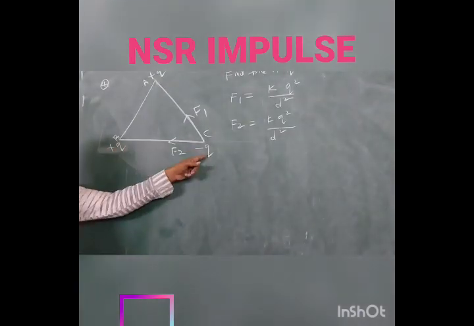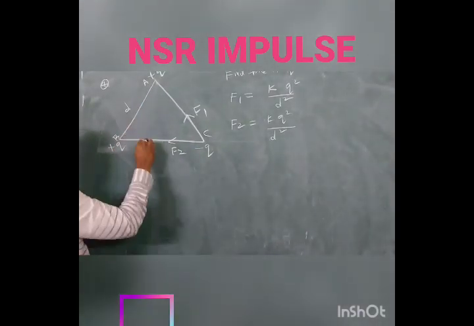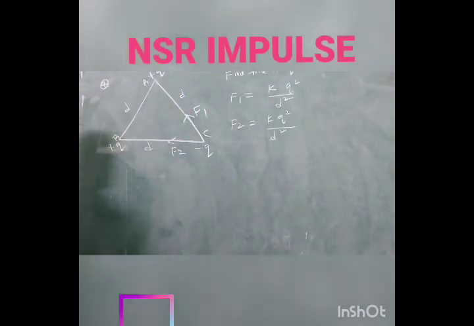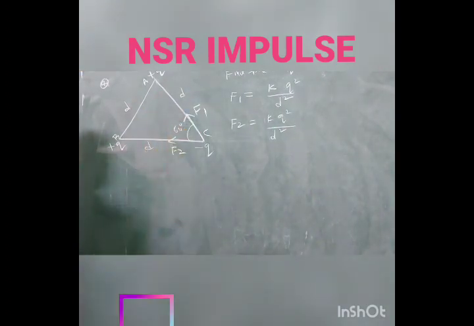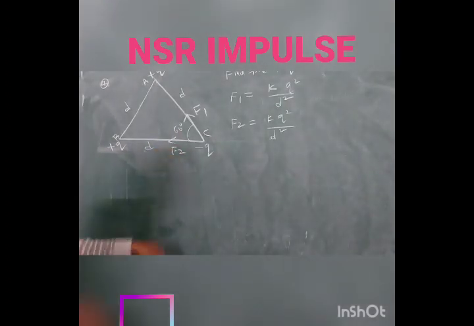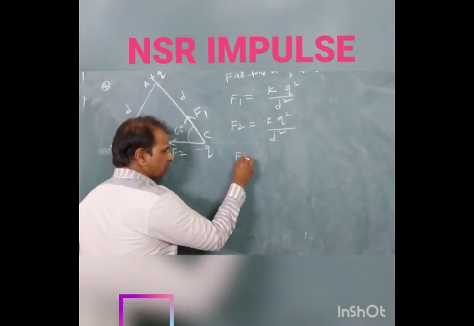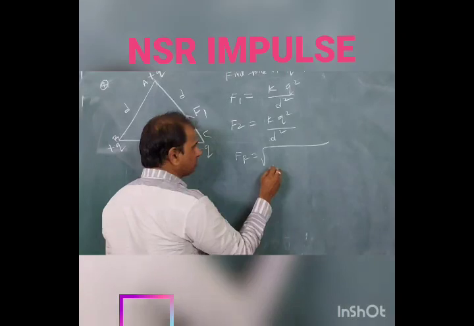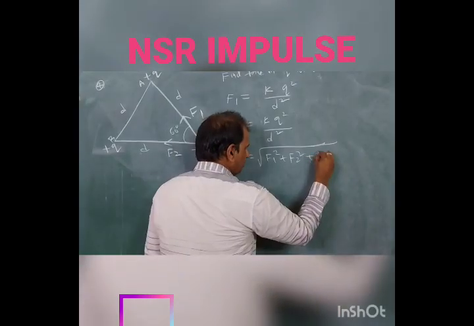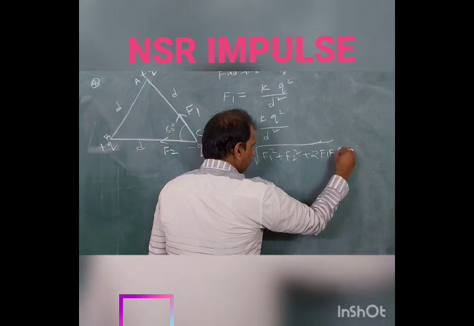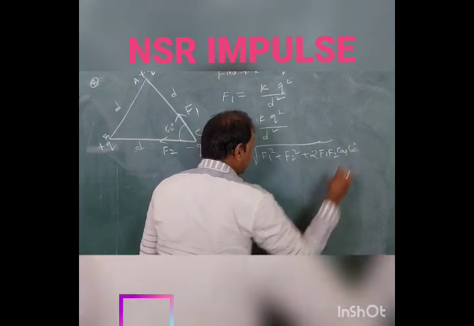The distance between any two charges can be taken as d, and this is again an equilateral triangle, all sides are equal, so this angle should be taken as 60 degrees. So the resultant force is equal to the square root of F1 square plus F2 square plus 2 F1 F2 cos 60.